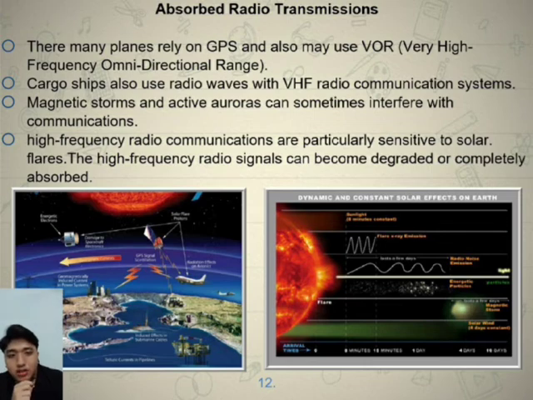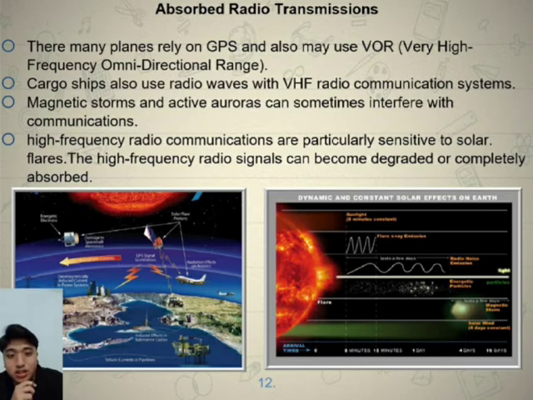By receiving the radio signal, VOR detects the position of the aircraft and aids in staying on track. Cargo ships also use radio waves with VHF radio communication systems to communicate with each other. Magnetic storms and active aurora can sometimes interfere with communication. Radio, radar, and signals might be disturbed.